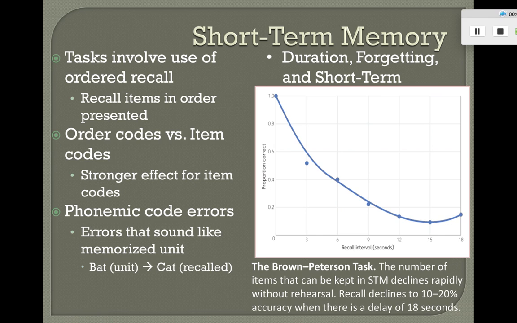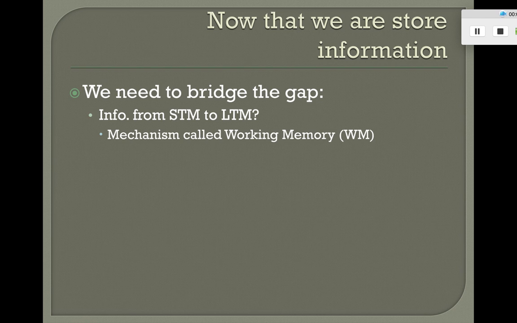So in other words, those files are not getting saved on the hard drive and then you're not retrieving them. Or information is getting stored in the hard drive, but you put it in the wrong folder and you're not able to now find it. So ultimately, how can we work on this information and put it in the right spot, work on it appropriately, and make sure that things are working correctly? Well, ultimately, that's really where working memory comes in.